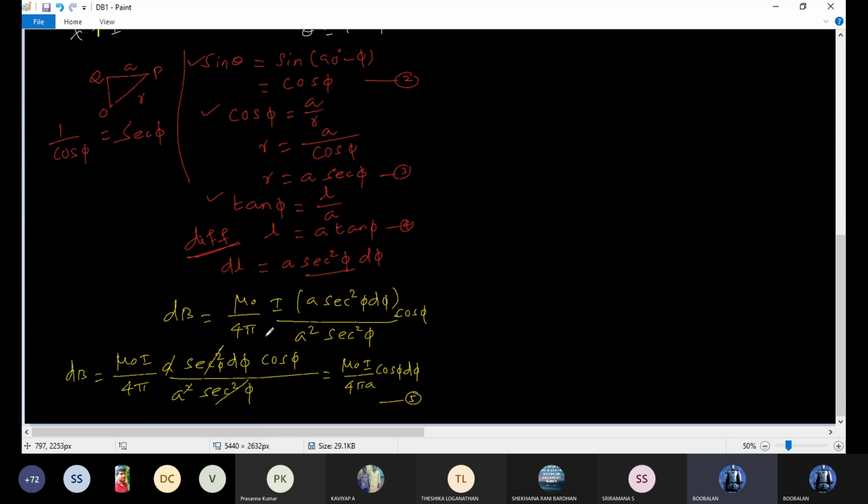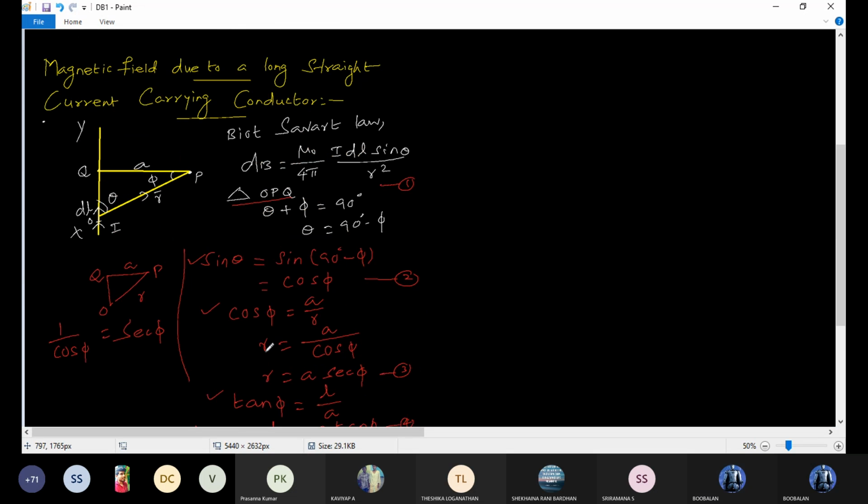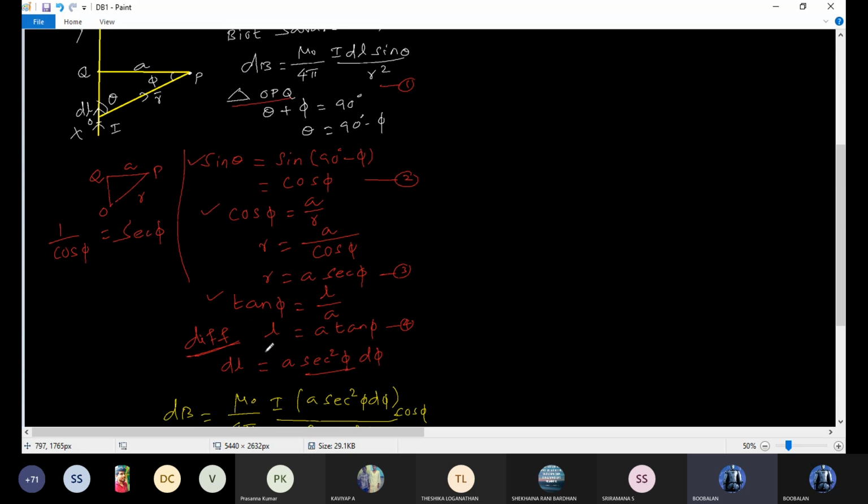Just apply the values, you will get dB equals mu naught I divided by 4 pi a, cos phi d phi. This is equation number 5. So up to that is completed. Take notes.